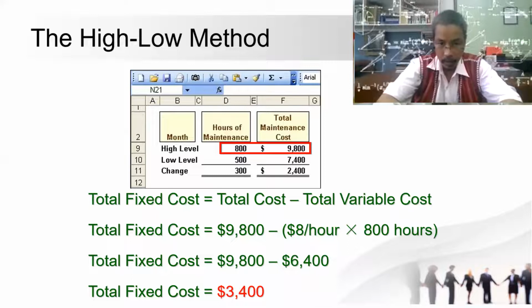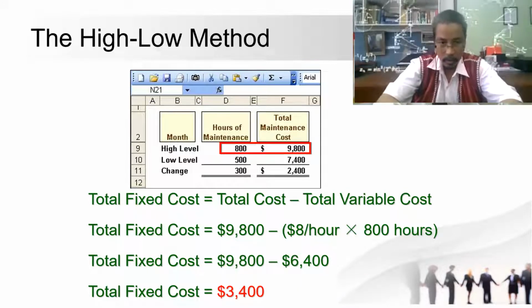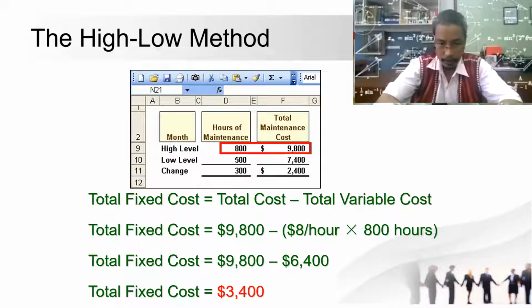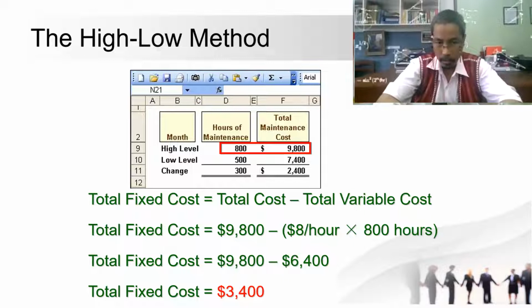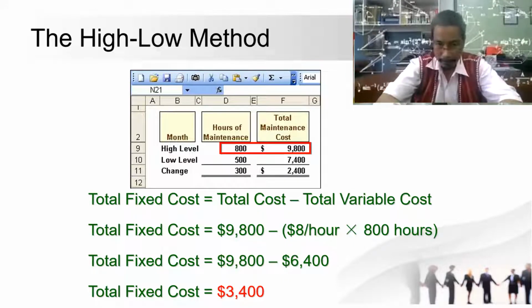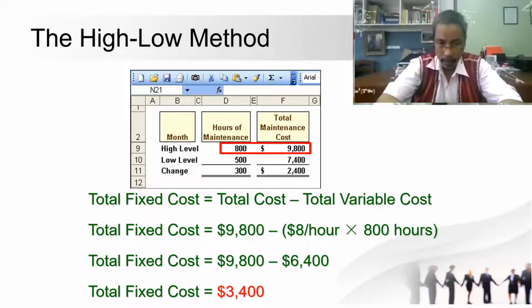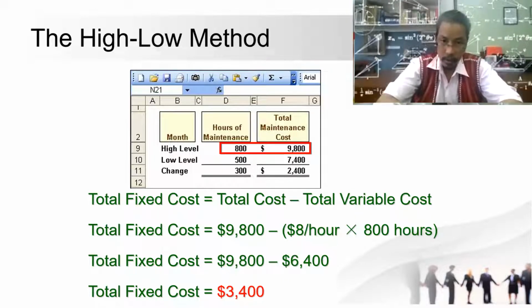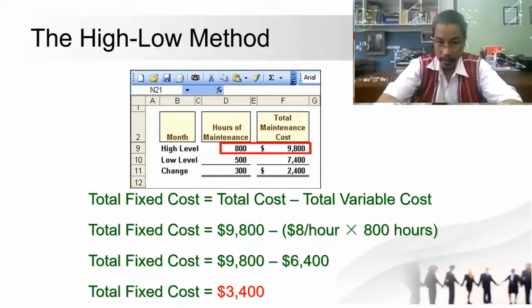Total fixed cost is equal to total cost minus total variable cost. What is the total cost? 9,800, minus total variable cost, that is $8 per hour times 800.